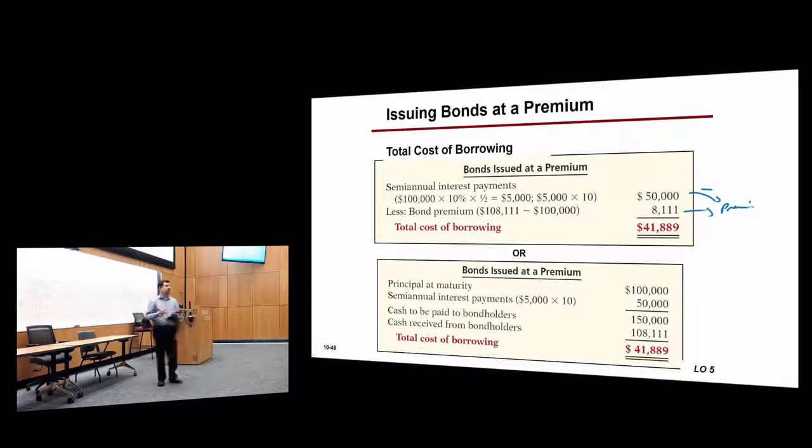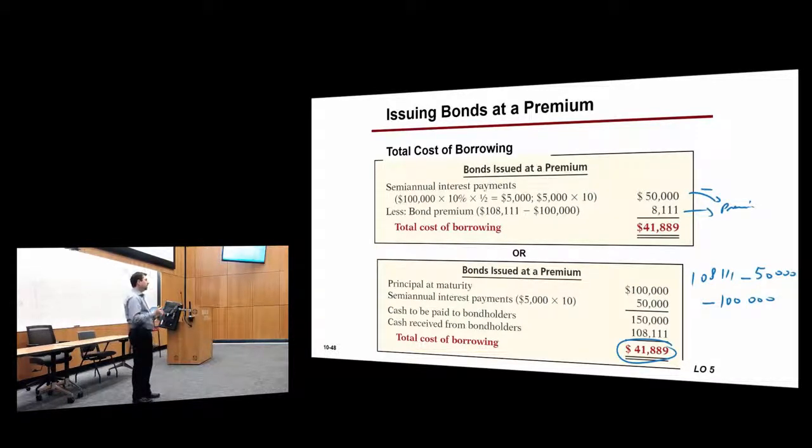Basically, the company received 108,111. They will have to pay back 50,000 in interest, and at maturity they have to pay the face value, 100,000. What's the cost here? It's 41,889. It's less than the cost of borrowing at face value. You understand now the difference between the two? Any questions?